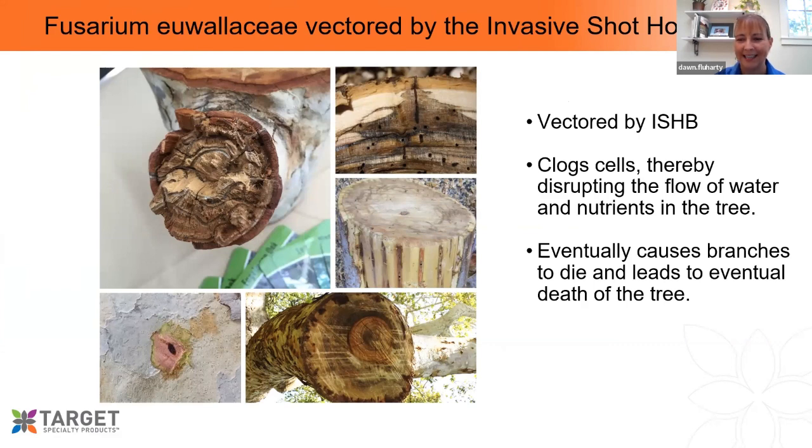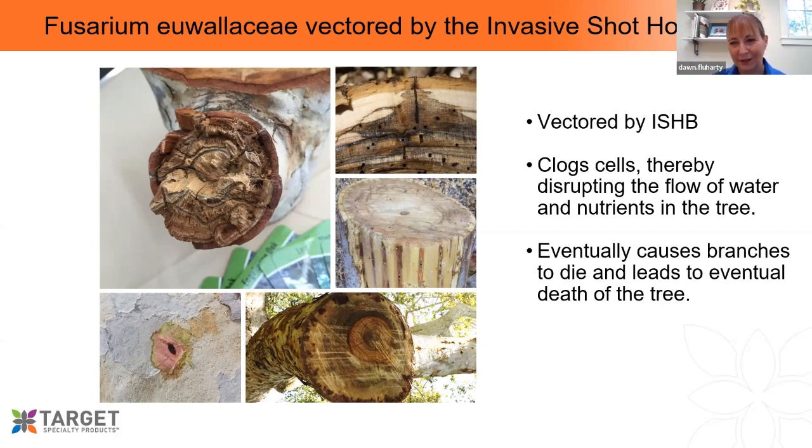Partly because the borer itself attacks so many times in so many places on the tree that it puts lots of puncture holes in what we call the big straw of the water column. Once you've got all those puncture holes, you lose the effect of the water column going up through the tree, so you don't have that turgor pressure to pull the water column and distribute the fungicide.